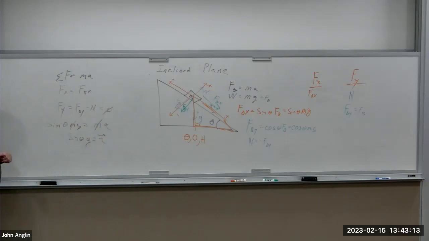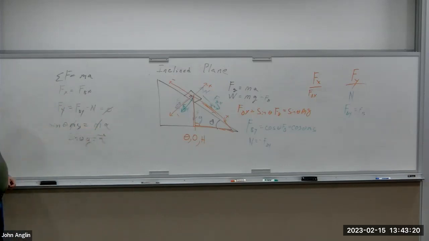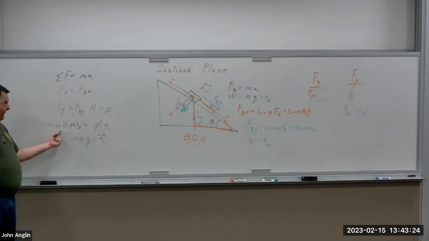Well, what happens if you don't do it this way, and you just start plugging numbers in, and you have something that's mg, I'd give you the mass numerically in this thing, and you'd know the acceleration due to gravity.